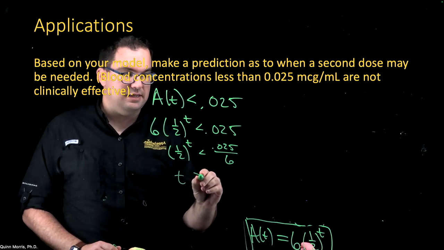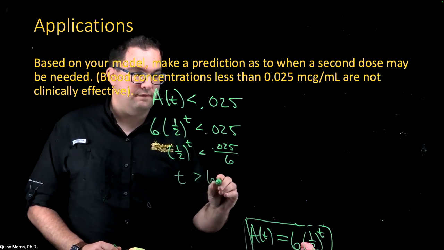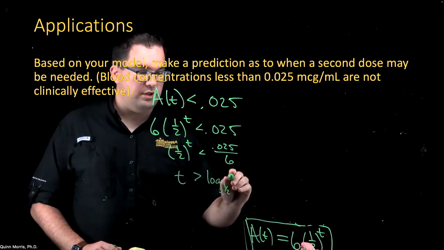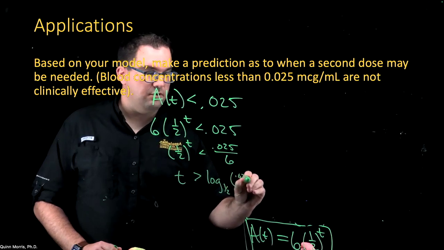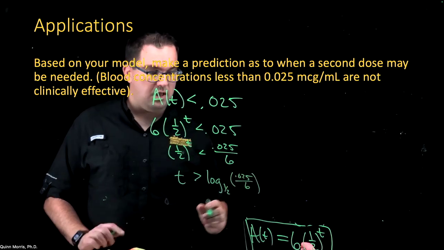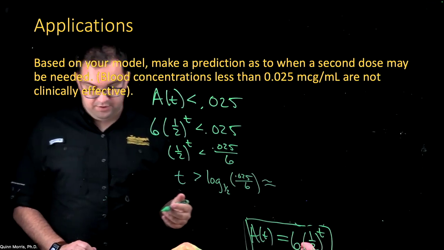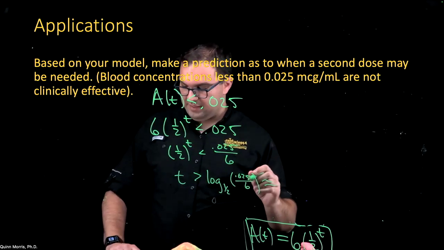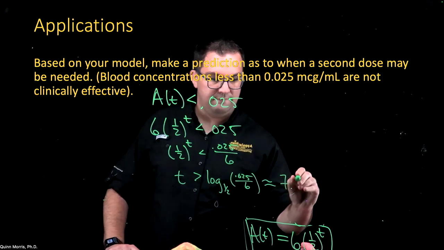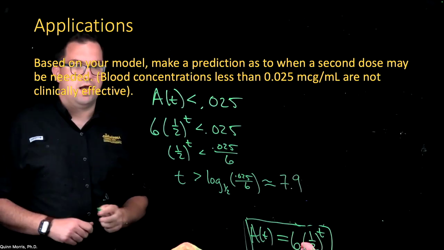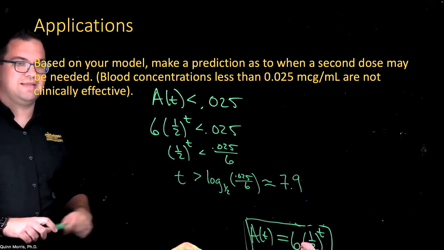So I'll get t is greater than log base 1/2 of 0.025 over 6. You can plug that into Desmos or any calculator you have, and you'll get that is roughly 7.9. Okay. And so what is that telling me?